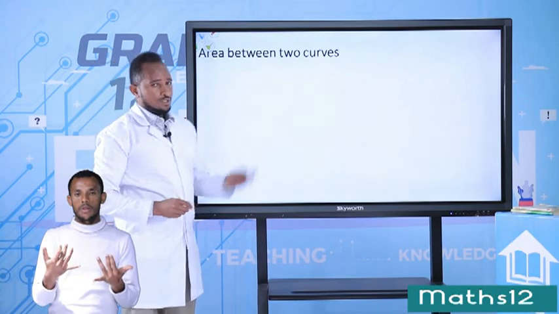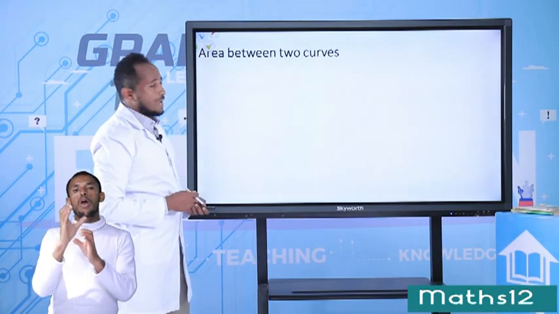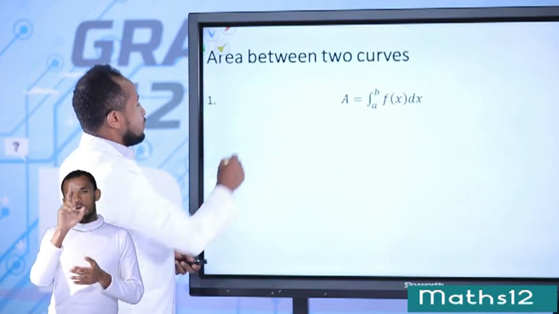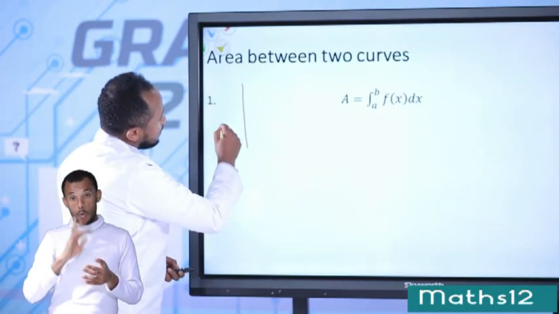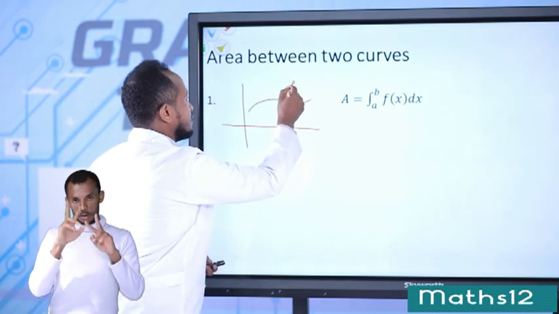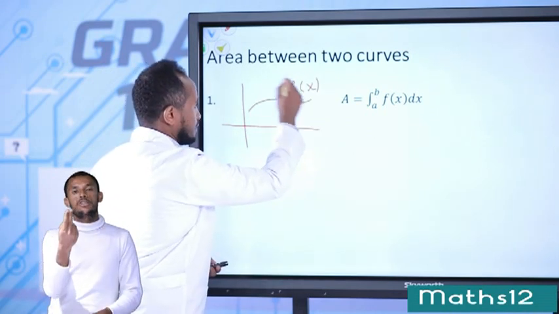Now let's see how to calculate area between two curves. If we have this curve, assume this is the function f of x.